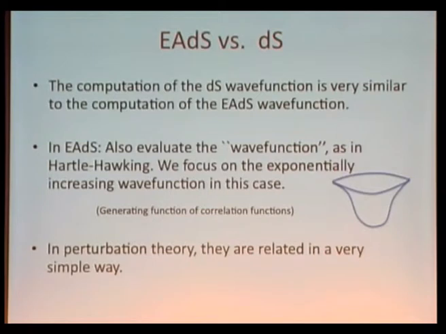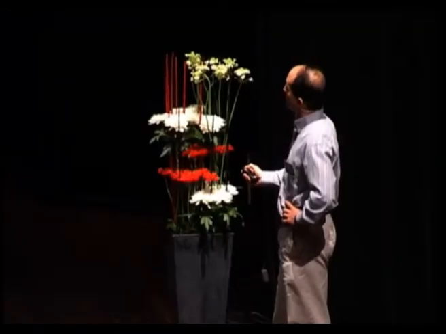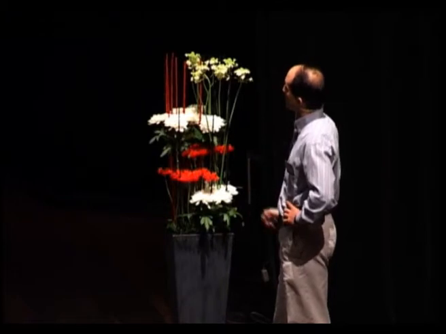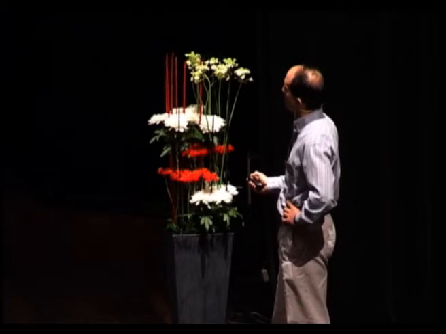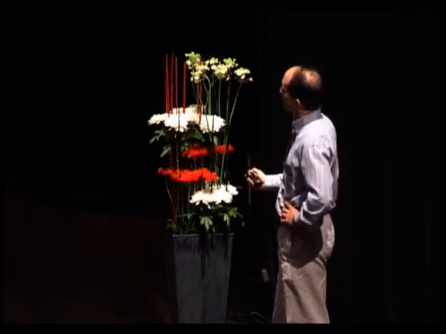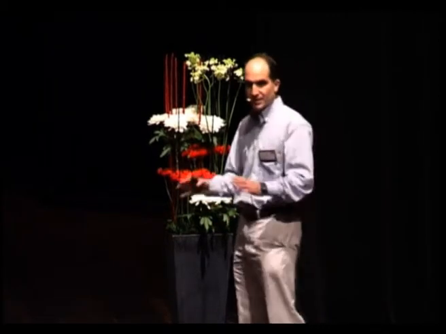Now, this computation is very reminiscent of the computations that we do in Euclidean anti-de Sitter. And in fact, the Euclidean anti-de Sitter computation is also an evaluation of the wave function. In other words, when we compute the action of a Euclidean anti-de Sitter solution, which ends on a specified metric on the boundary of AdS, we can calculate the wave function as a function of the boundary metric.